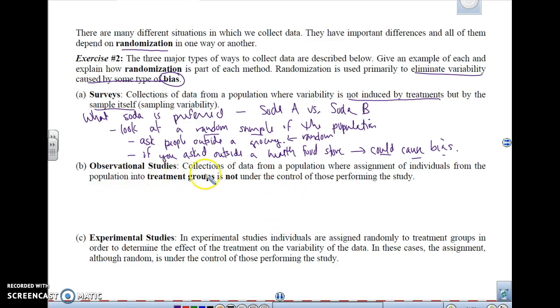Okay, observational studies is the second kind. It's collection of data from a population where assignment of individuals from the population to treatment groups is not under the control of those performing the study.